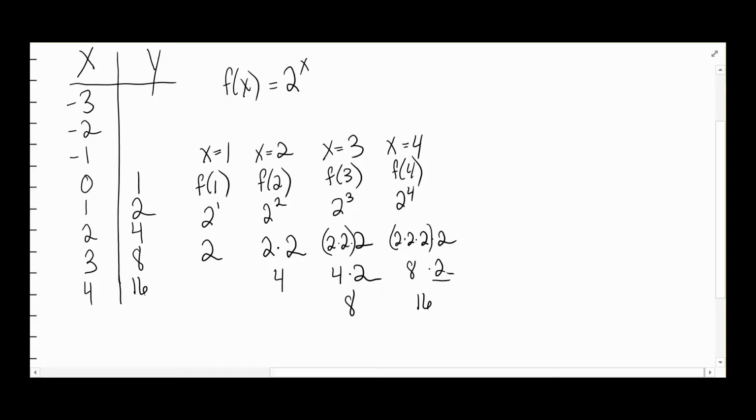So I want you to notice what happened each step of the way. As I went from plugging in a 1 to plugging in a 2 to plugging in a 3 to plugging in a 4, each step of the way the y value doubled. And it doubled because I took the previous answer and multiplied by my base one more time. That's what was going on in these problems.